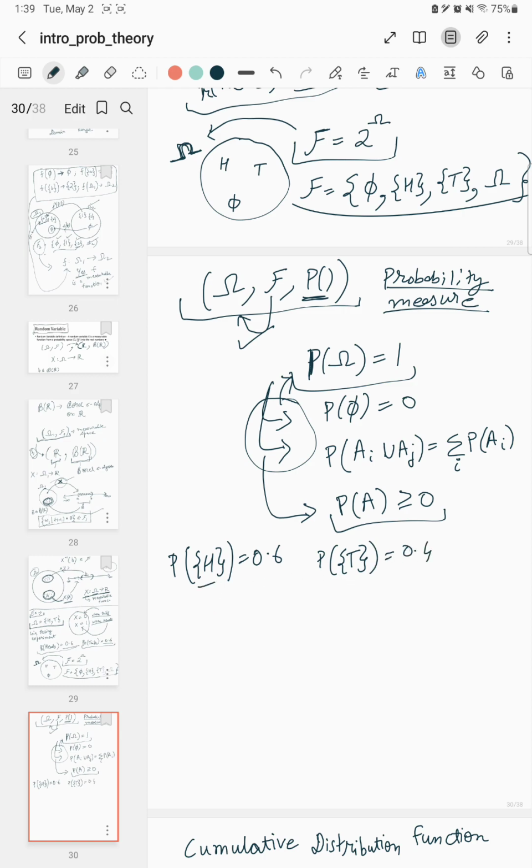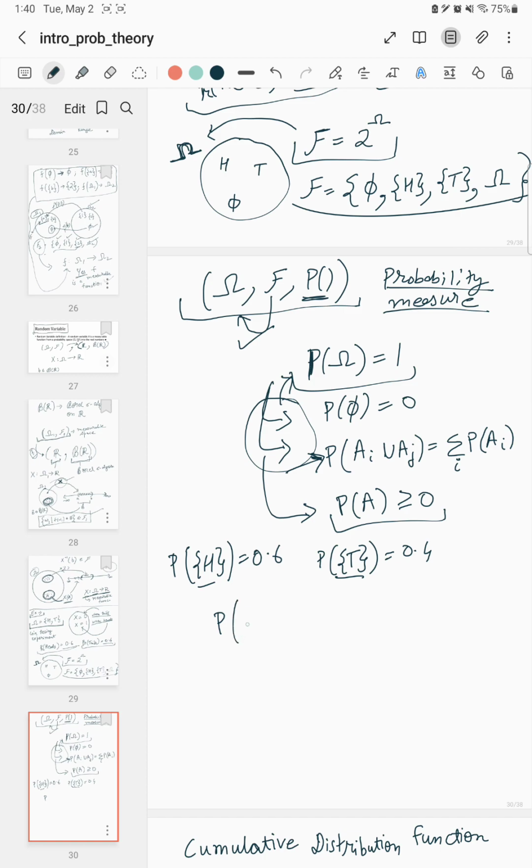Since these two sets are disjoint, as their intersection forms the null set, H and T are disjoint sets. They are mutually exclusive events. If you toss a coin, it can either be heads or it can be tails. It cannot be both at the same time. So for mutually exclusive events, we check this property.